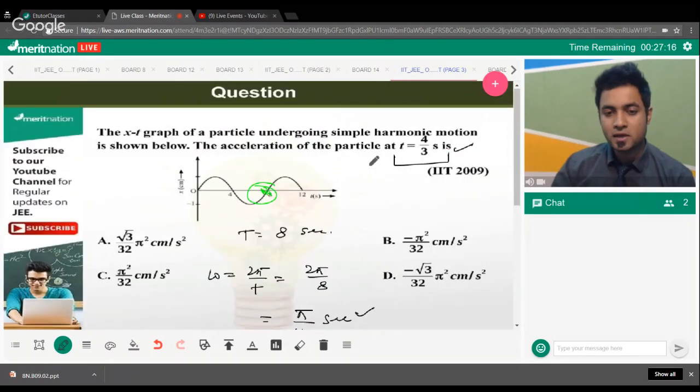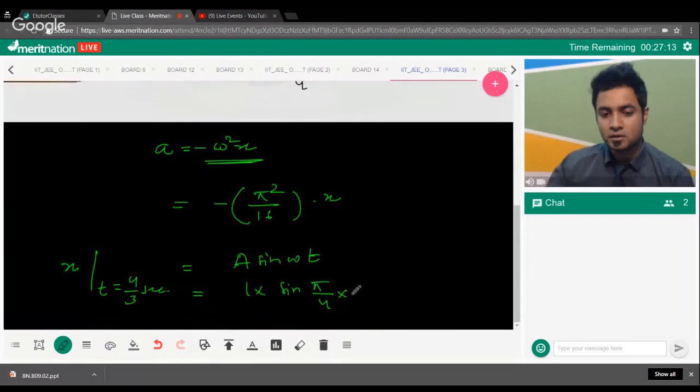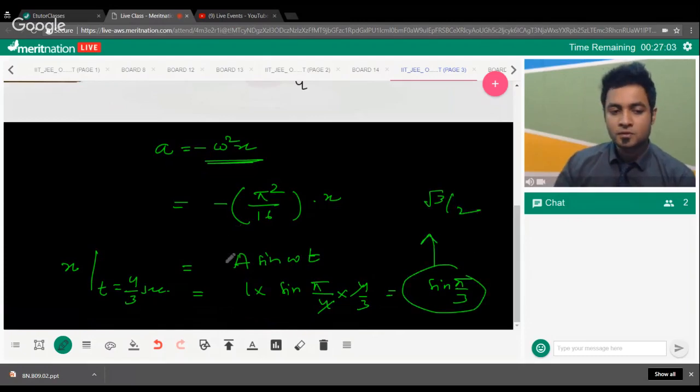This is given as 4 by 3. So 4 upon 3. So this is coming out to be sine pi by 3. What is sine pi by 3? That is nothing but under root 3 upon 2. So x is coming out to be under root 3 upon 2, right? So here you can see this is coming out to be under root 3 upon 2.